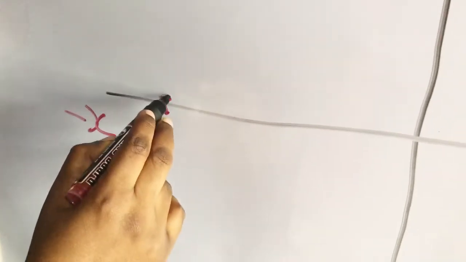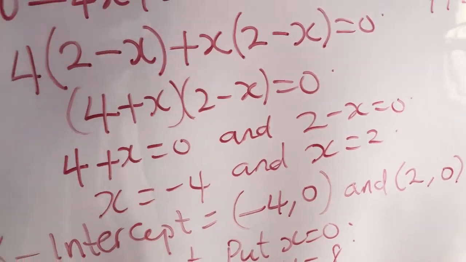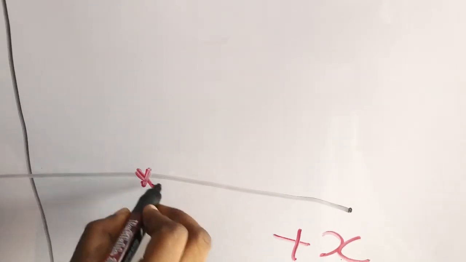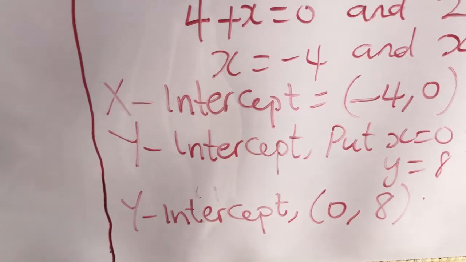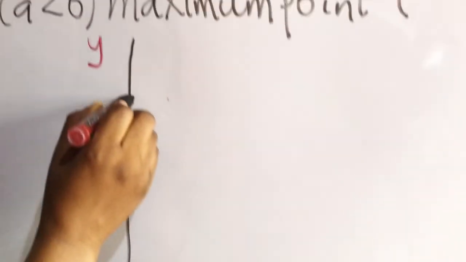We are just sketching. When x is equal to 2, y is equal to 0, it will be somewhere around this place. For the y-intercept, when x is equal to 0, y is equal to 8, it will be somewhere around this place.